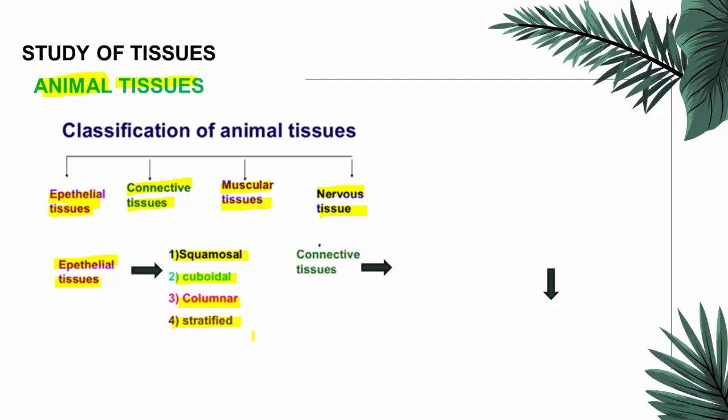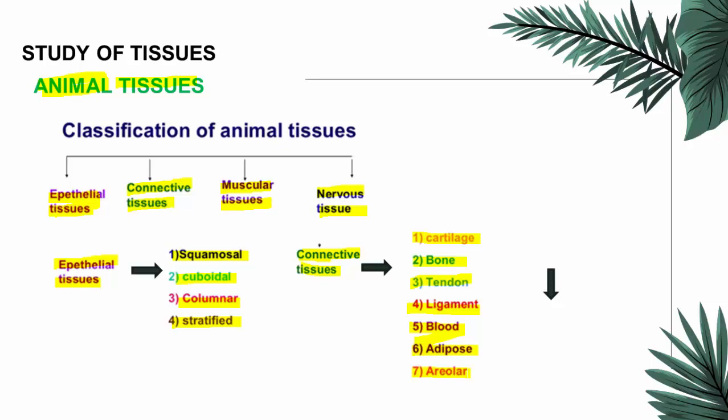Then the second one is connective tissues, and connective tissues are of the following types. First one is cartilage, second one is bone, one more is tendon, next one is ligament, and blood. Blood belongs to the group of connective tissue, circulating in the body of animals. Then adipose tissue and loose tissue called areolar tissue.